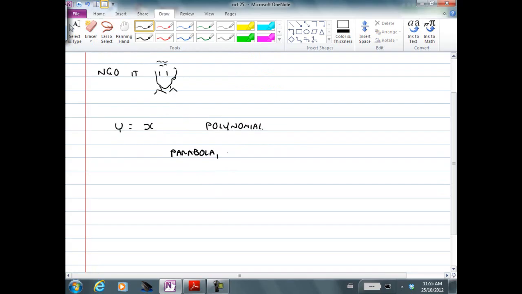Cubic and quartic. You connected those. You're missing the connection, so I'll go with that later.